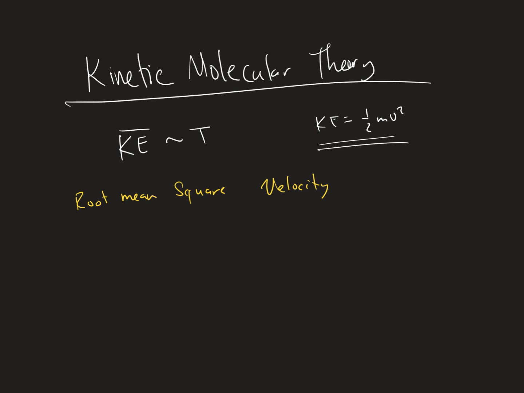So the equation for the root mean square velocity is equal to the square root of 3RT divided by this symbol that looks kind of like a micro, but it's not.